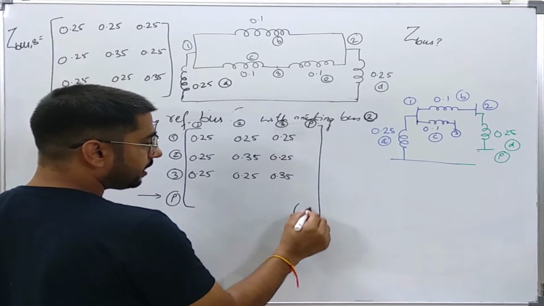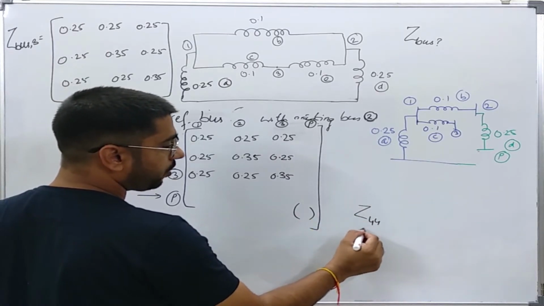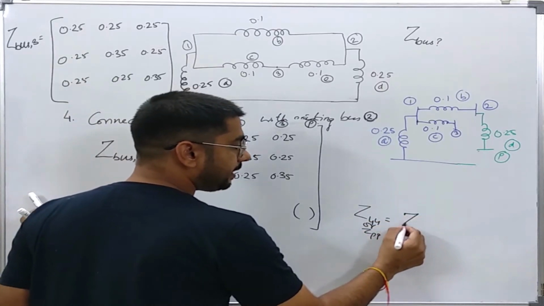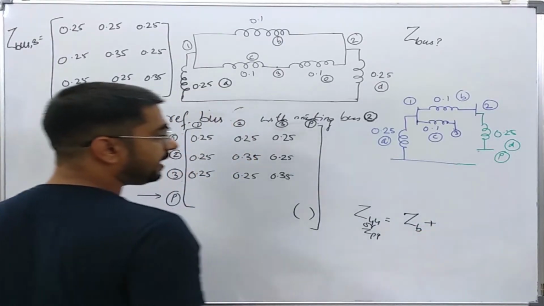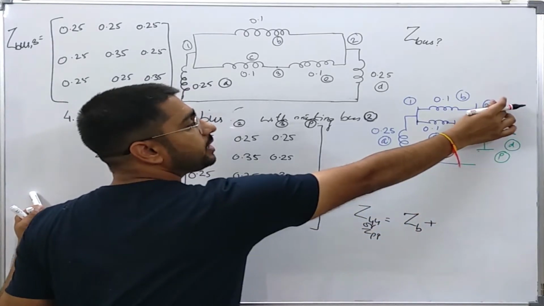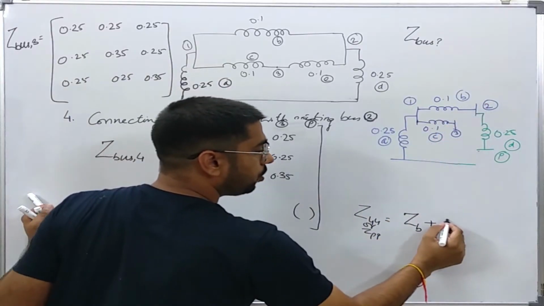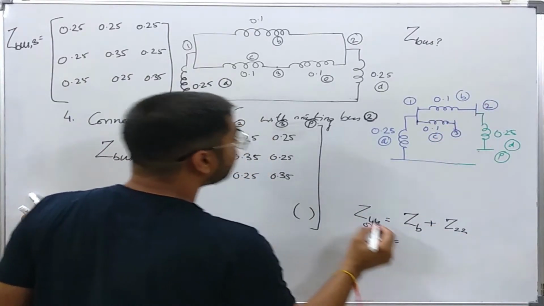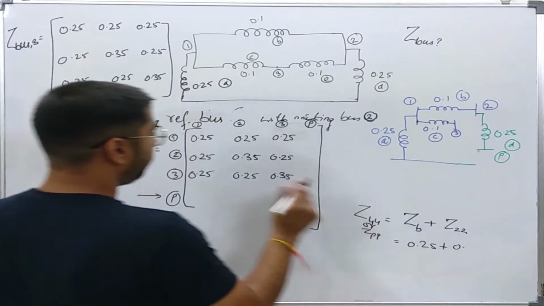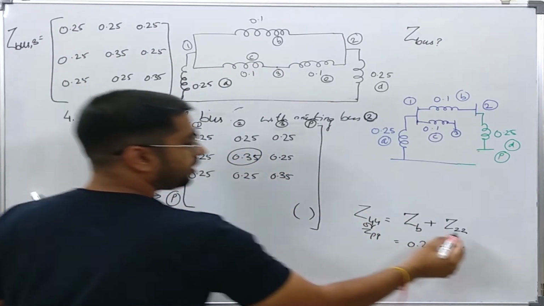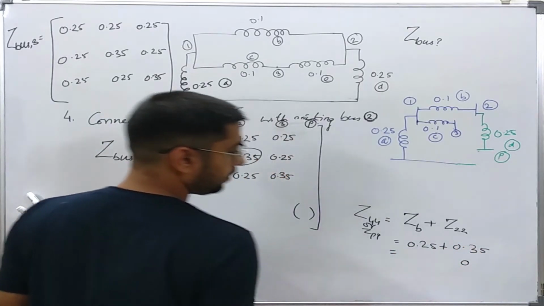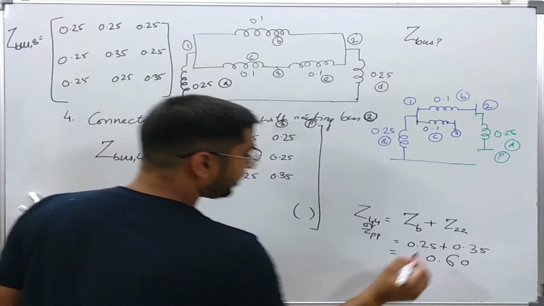Now, corresponding to this row and this column, we need to write this element first, that is the element Z44 or ZPP. It will be simply the Z branch plus the Thevenin impedance seen from bus number 2, because it is being added to the already existing bus number 2, Z22, which is simply 0.25 plus Z22. Z22 is this 0.35, that is 0.60.